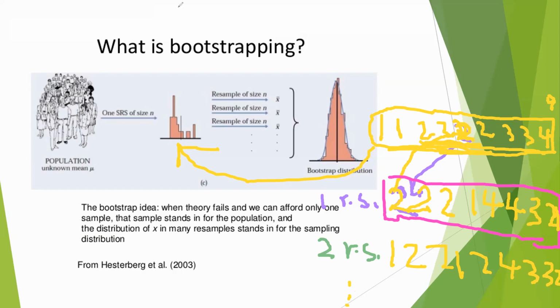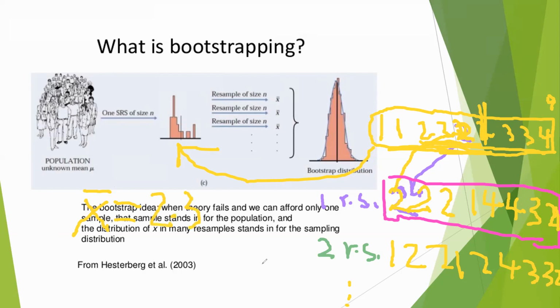Okay, now the purpose, the point of doing this resample is, if you only have the first sample, you can only calculate the sample mean. For example, you got a sample mean equal to, let's say, 2.3.